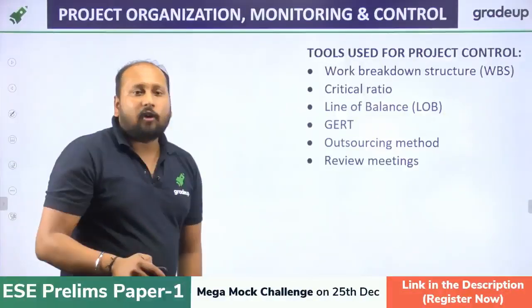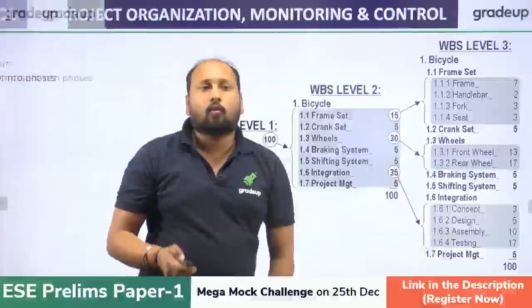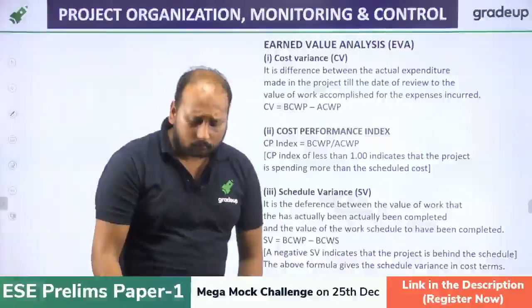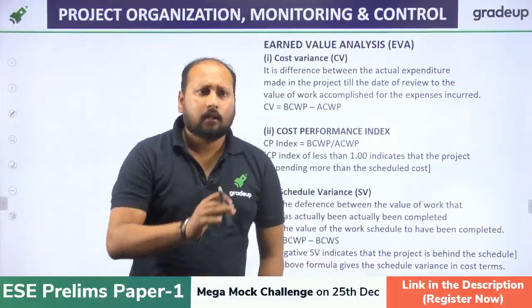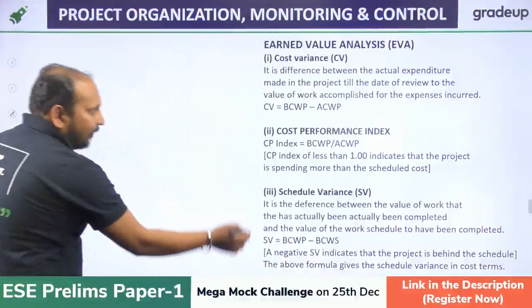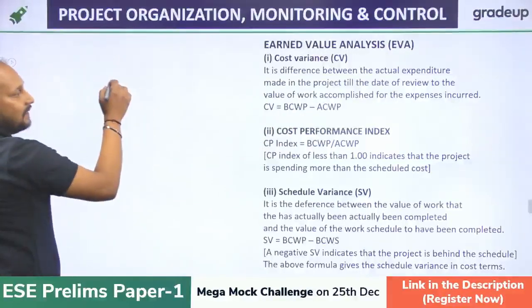Now, critical ratio. For understanding critical ratio, you should know what is value analysis. There are some terminologies which you should know. It's very easy to understand. Now, cost variance, there are some terminologies. I'll be telling you the full form of this. What is BCWP?